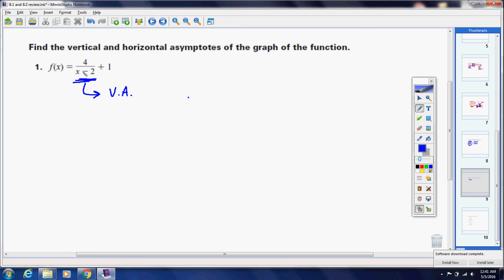But as we get really, really close to 2, this divisor is going to be very, very small. When we divide by a very small number, this is going to be very, very large. And then we're going to add 1 to it.